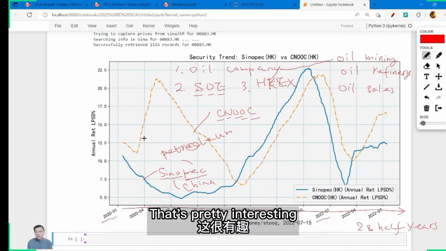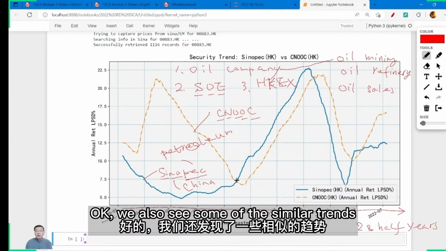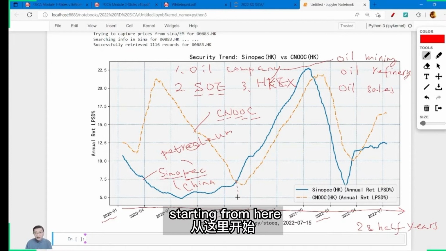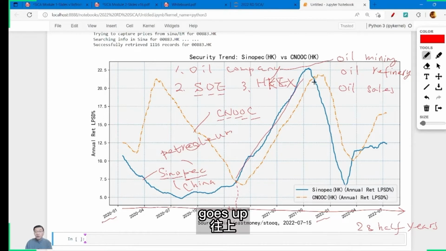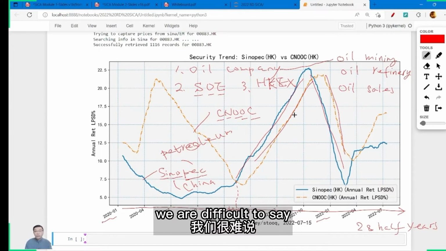That's pretty interesting. We also see some similar trends starting from here, probably February or March. They both go up, down, and down. But the trend is difficult to describe.